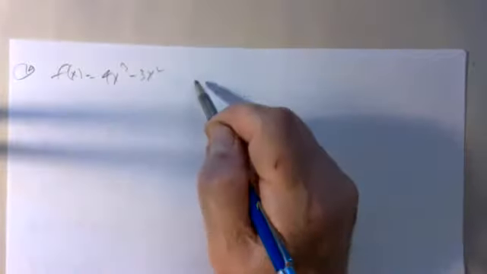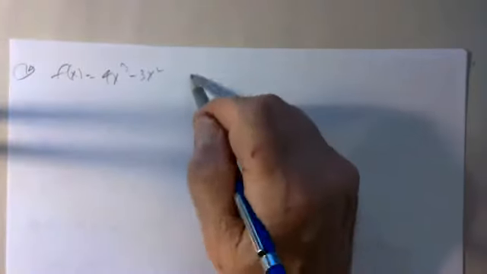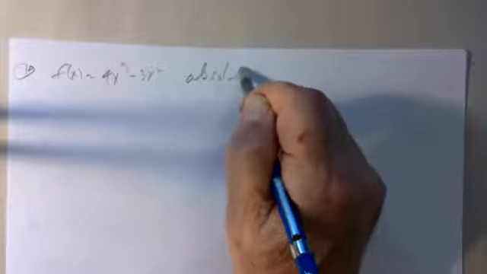Problem 14. We have the function f of x equals 4x cubed minus 3x squared, and we want to find the absolute max and min on the interval from -1 to 1.